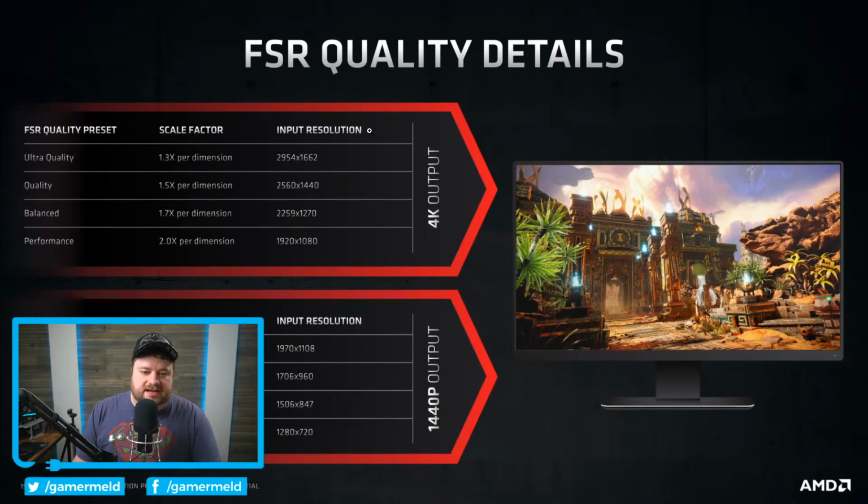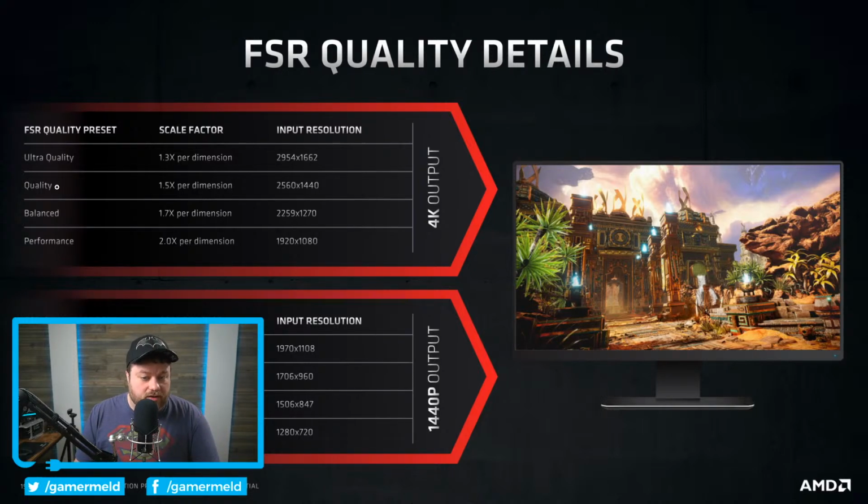And then let's go back here. And this is pretty interesting because this kind of shows you how it's able to use these different quality presets. I do like how it specifically tells you this because I actually have an image at 1440p that I took, scaled up in Photoshop, and compared it to the quality presets of FSR to see how much better is it than the 1440p, because that's basically your input resolution when it outputs 4K.